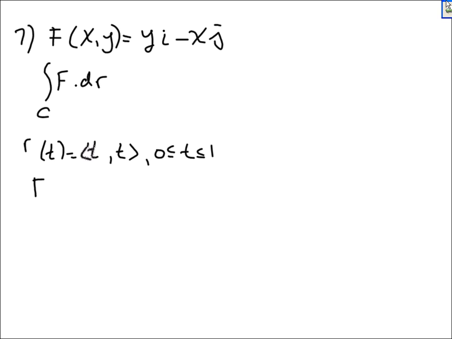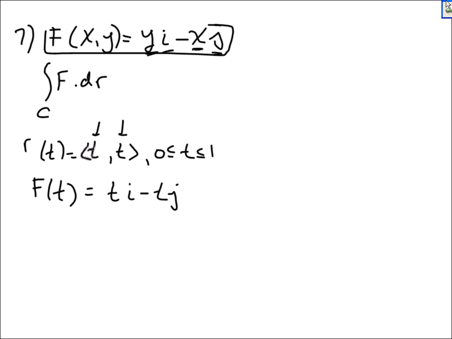Well, first we have to find F in terms of t, because I need to write this using t's. X and y, they're both t's. So you get ti minus tj. X is t, and y is t. So now I have F in terms of t. Now, dr is (1, 1), so 1i plus 1j dt.